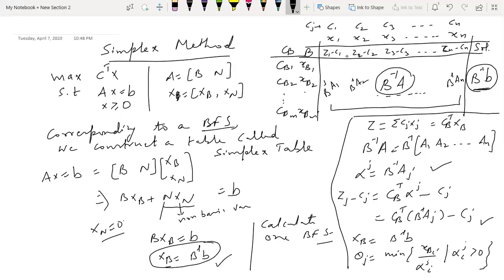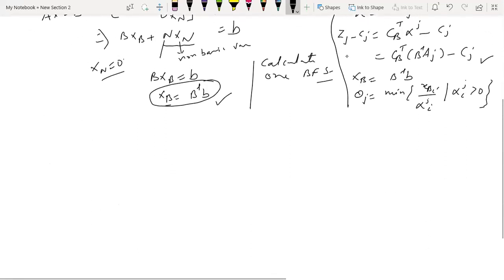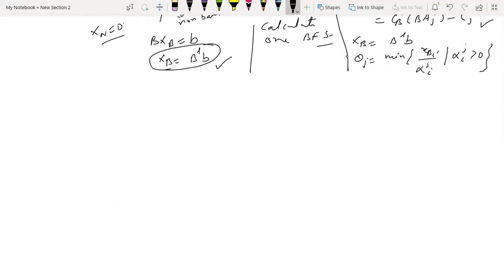Next we are going to solve the problem like we started with this. Suppose I am given a problem: maximize x1 plus 2x2 subject to the constraints minus x1 plus x2 less than or equal to 1, then x1 plus x2 less than or equal to 2, x1, x2 greater than or equal to 0.